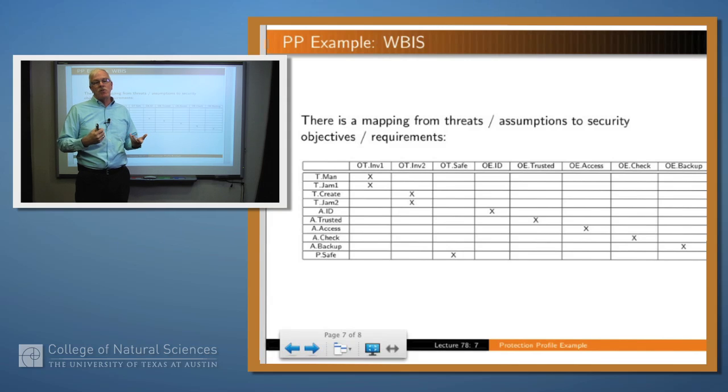And so this gives you a systematic way of determining whether the mechanisms that you're proposing are adequate to solve the problems that are presented.